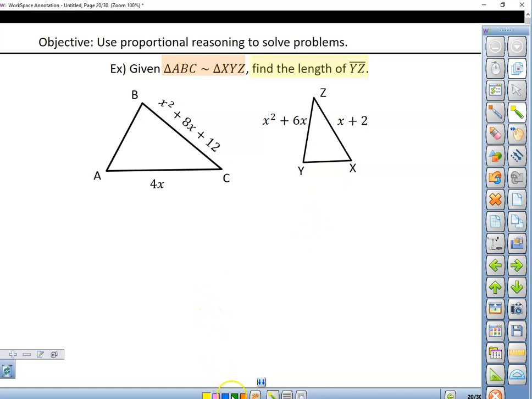So I'm looking here at writing a proportion of corresponding sides. The one that I need is YZ, so I keep track of that one. This is the one we're going to find. Once we know what x is, then we'll be able to figure out what this length is. But we have to figure out what x is first. So that's our first goal, figure out what x is.